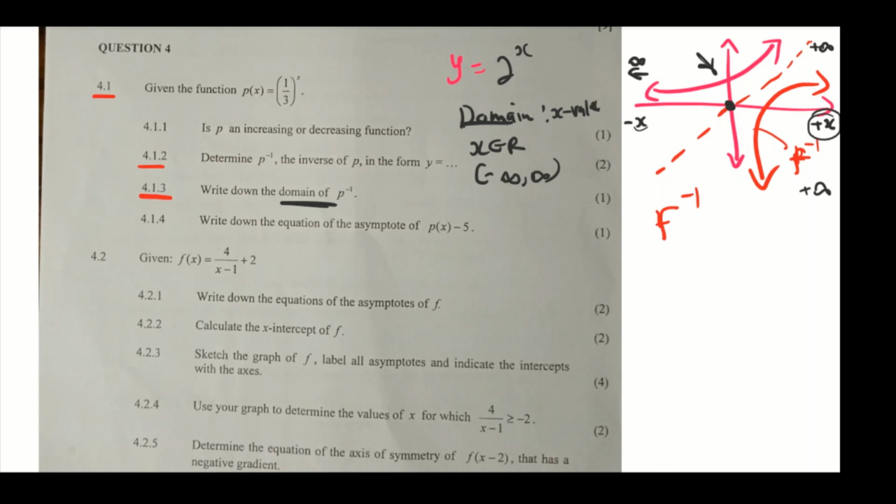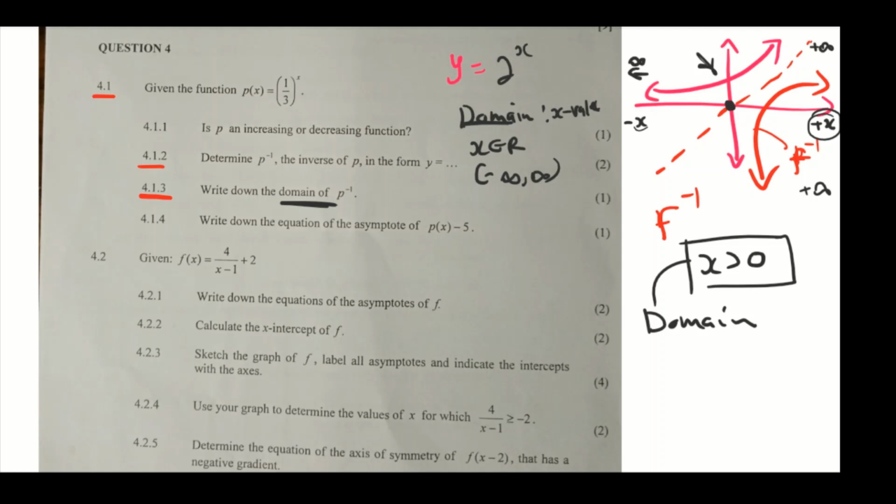So if you were to write the domain here, you're going to say the function starts where x is greater than 0. It doesn't touch 0. So this would be the domain of the inverse. Hope I'm making myself clear.